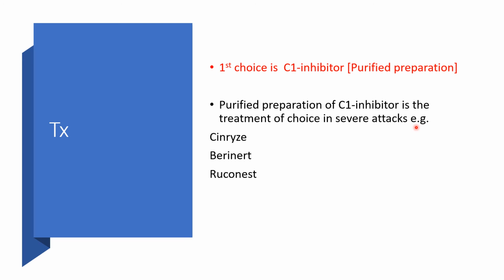So it is fair to say when we are able to replace C1 inhibitor, we are likely going to get out of the woods. Examples of purified preparation of C1 inhibitor are Cinryze, Berinert, or Ruconest.